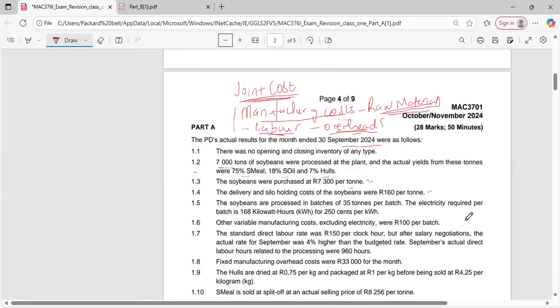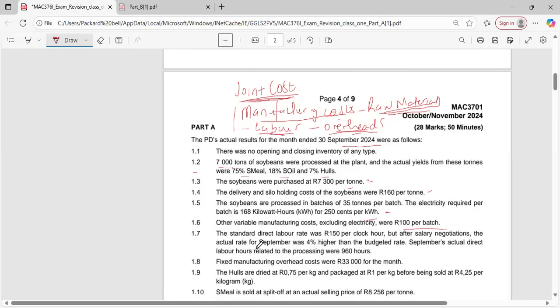The electricity required per batch is 168 kilowatt hours at 250 cents per kilowatt hour. So this one is also going to be a joint cost. When you are building up your joint cost, you should take all this into account. Then other variable manufacturing costs, excluding electricity, were 100 per batch. It's also a joint cost. Remember, we will only allocate them at the split-off point, so in the meantime we need to have a figure for joint cost. So this is going to be a joint cost again.